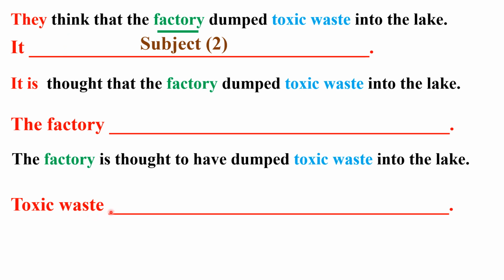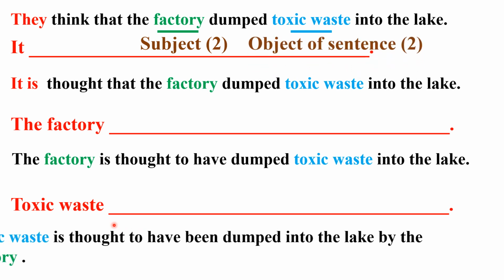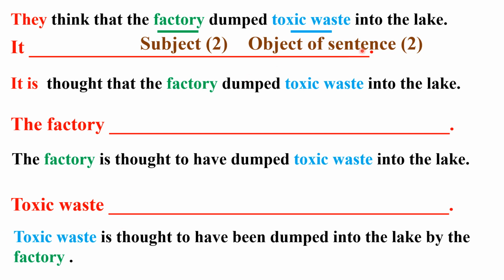Toxic waste, passive. Think, am, is, are, thought. Toxic waste is thought. Toxic waste, which is the object of sentence number 2, is the passive thought, out of think. Toxic waste is thought to. Pause here. Why should I pause? Pause to check the tense. Dumped.